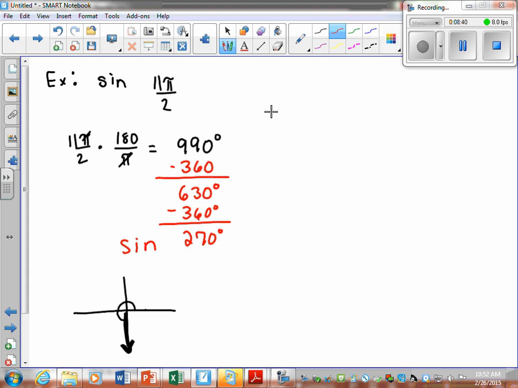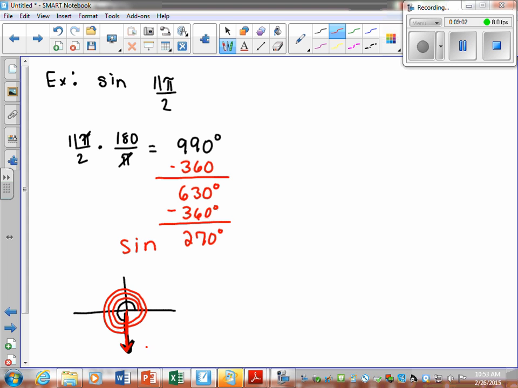If I was to do 990, that would start around 360. I would go around 360 more. And then that would put me at 630, and then I would go around and it would put me here to where I was at 990. But you can see they start and terminate in the exact same location, so the value of that point is going to be the same.